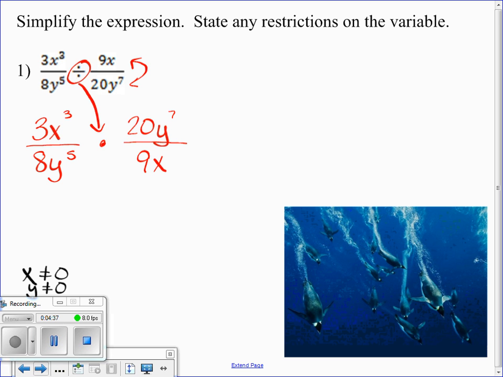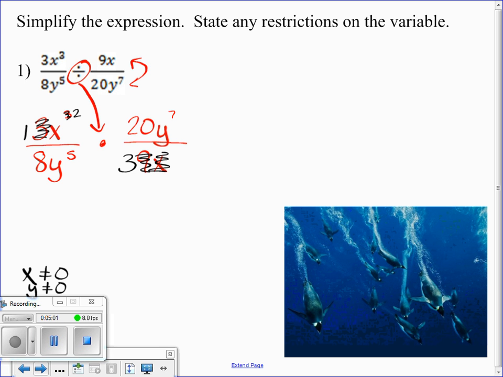Then what? What's your next step? Cancel. Any top, any bottom, right? So what do you want to do? 3 and 9. 3 divided by 3, 9 divided by 3. Okay, now what? X, good. How many x's are left? This is where things start to get a little ugly.